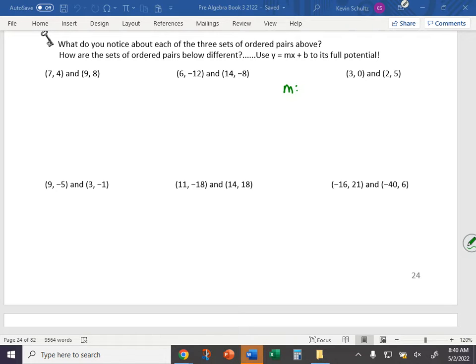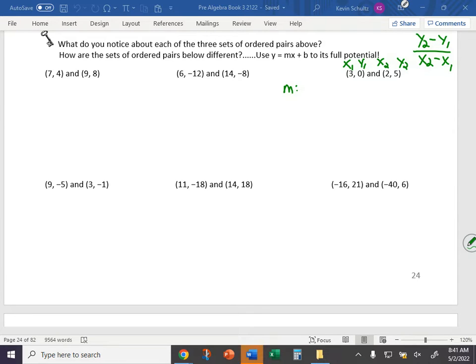We do y2 minus y1 over x2 minus x1. We use our formula, and I'm going to label these points so you see where things are coming from: x1, y1, x2, y2. We're using that slope formula, y2 minus y1 over x2 minus x1, to get the slope.